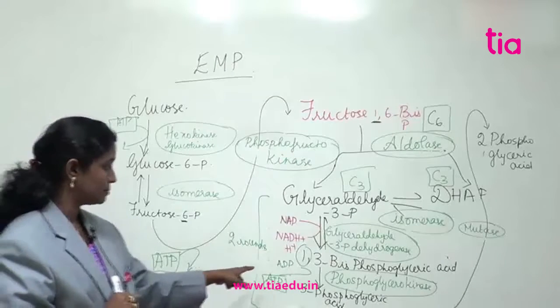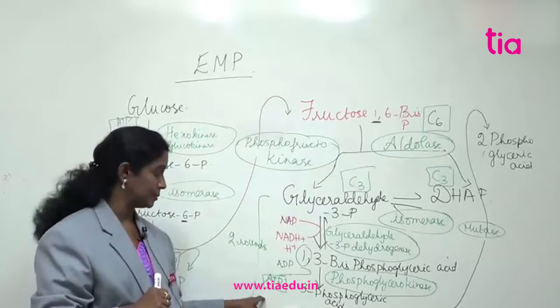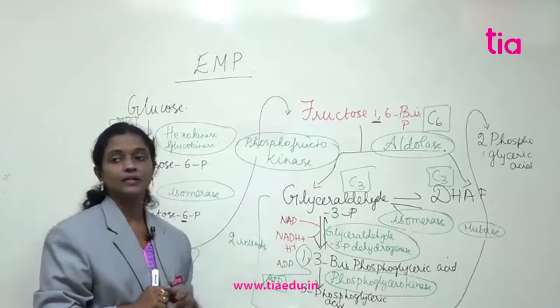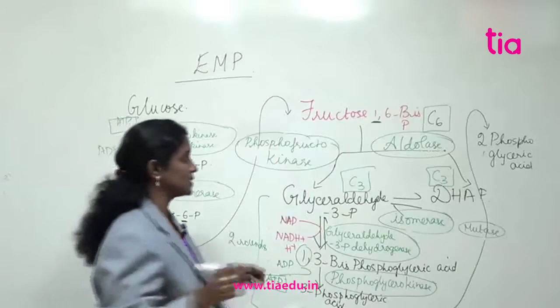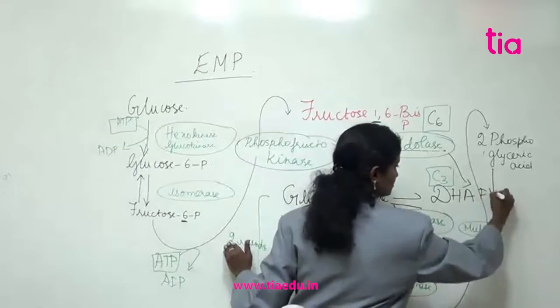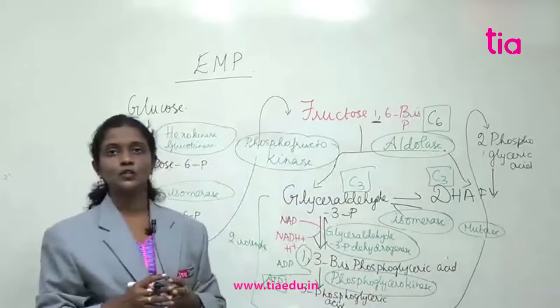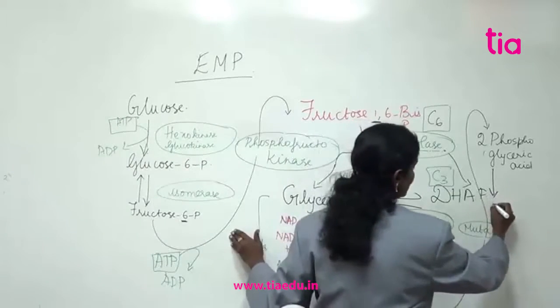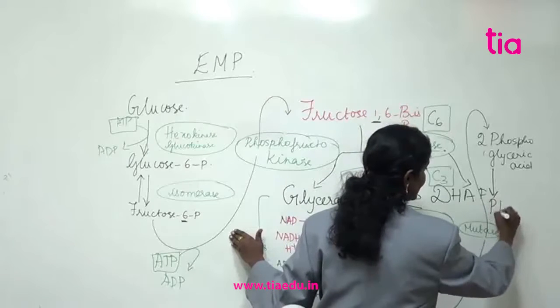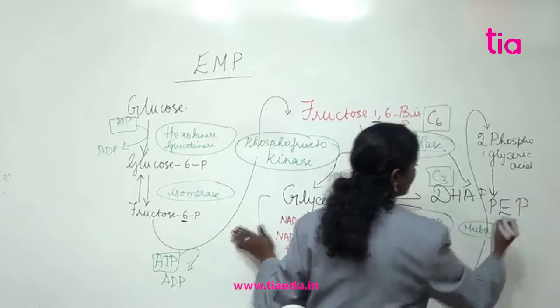Meanwhile we have reaped the first benefit in the form of ATP. Then 3-phosphoglycerate will be converted to 2-phosphoglyceric acid, and 2-phosphoglyceric acid will be converted, in the reaction requiring enolase and water, to a high energy phosphoenol pyruvate.